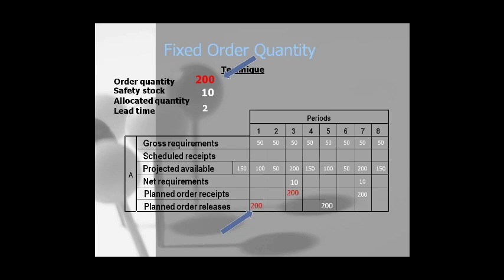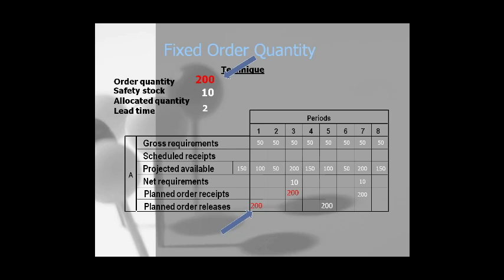So that comparison. The prior examples were using lot for lot, and it generated a substantial number of planned order releases and planned order receipts. However, by changing the lot sizing technique to a fixed order quantity of 200, now we can minimize the number of orders we have to place.